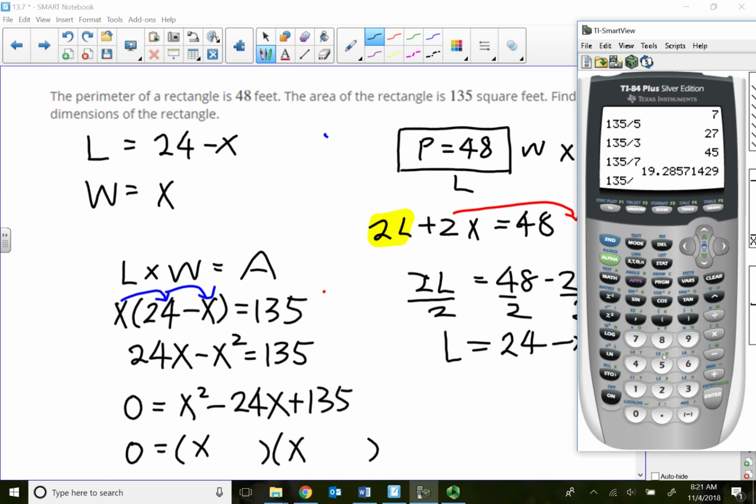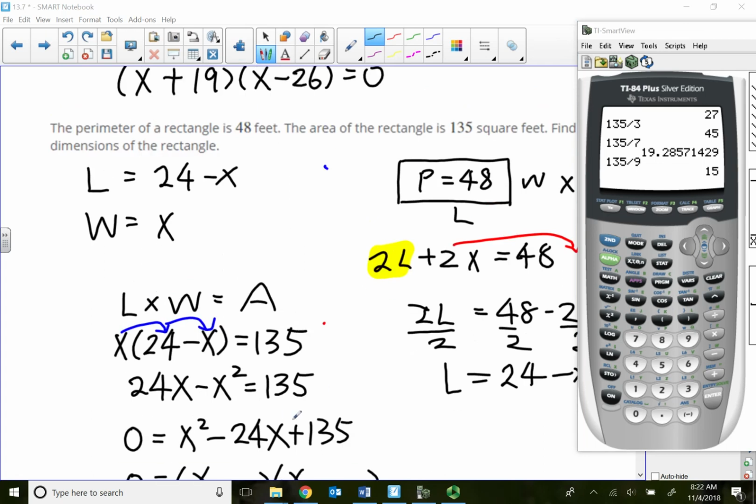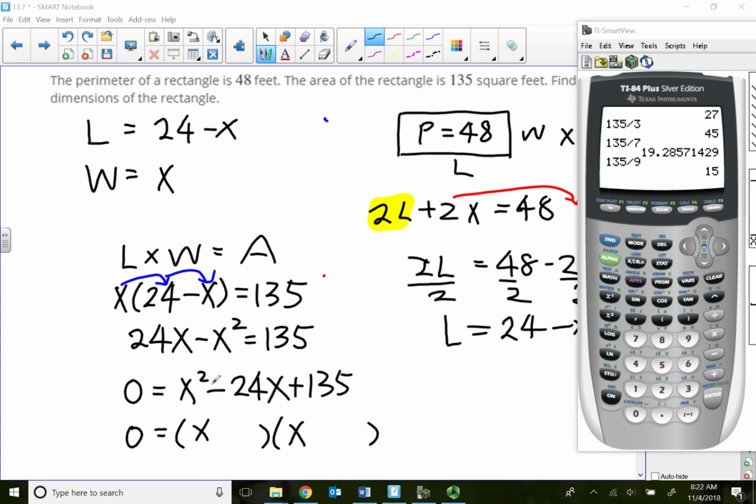Let me use 9. 15 and 9, the difference is 15 minus 9, that's probably 7? I'm trying to think if I'm doing something wrong here. So 135 is not a very big number, so I don't see why I cannot find it right away.